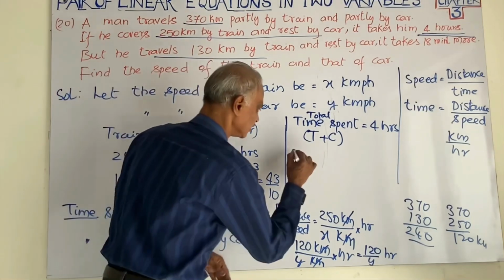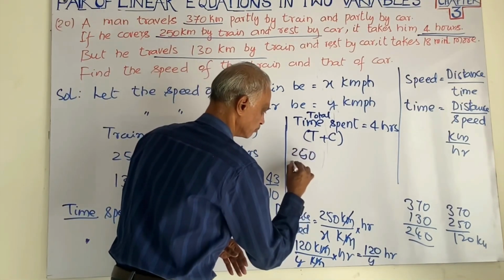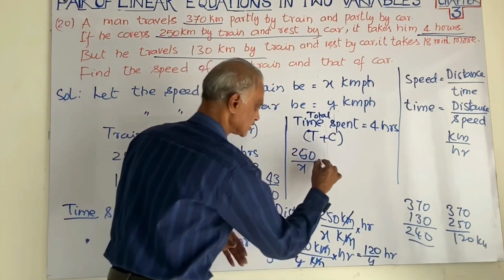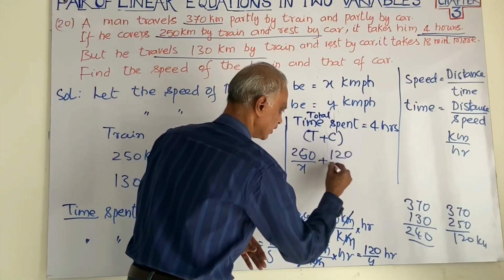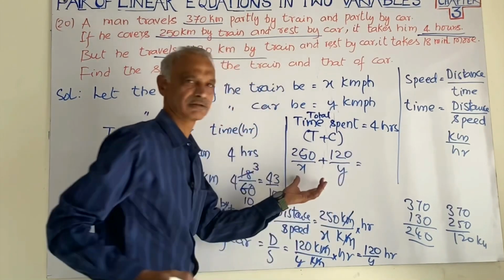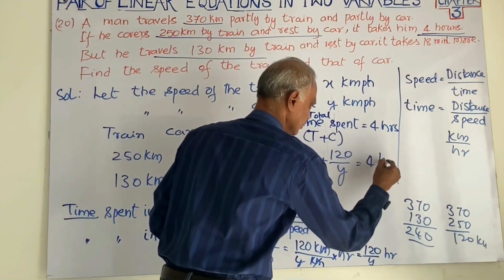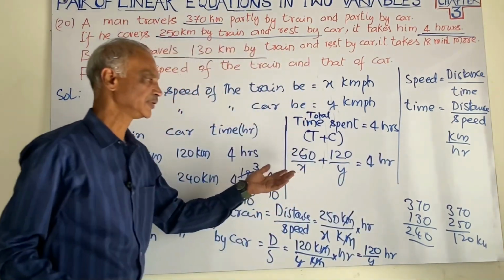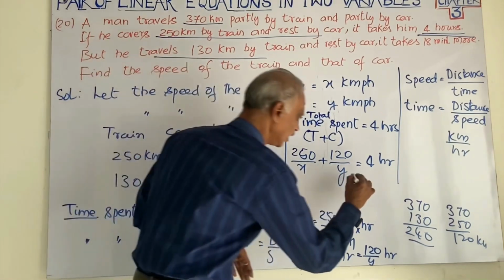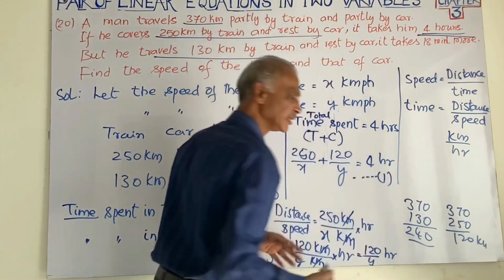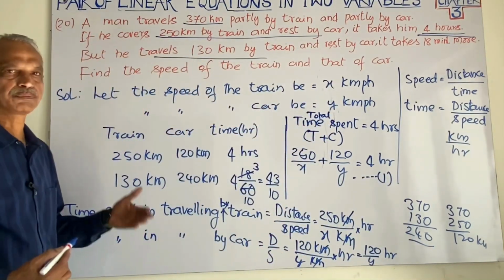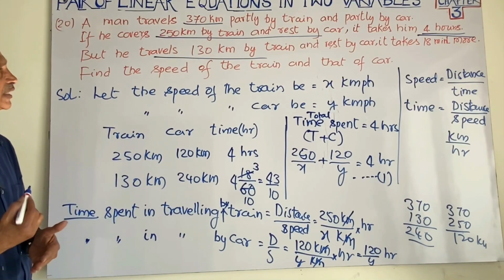You have to add 250 by x plus 120 by y. Together it is equal to 4 hours. You got one of the equations. You have to prepare another equation.